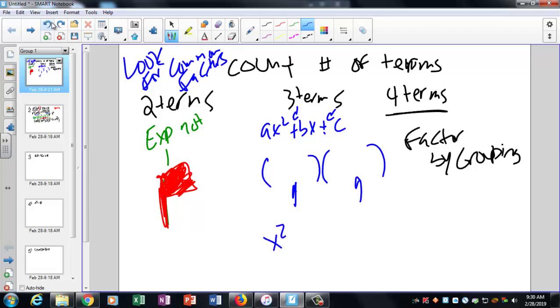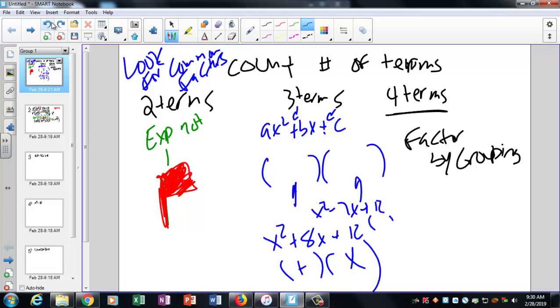So if it's like x squared plus 8x plus 12, these 2 signs would be plus. If it were x squared minus 7x plus 12, these two signs would then be negative. Does that make sense? That last sign, if it's positive, these two signs in the parentheses will have to be the same, and they will be whatever the sign in the middle is. That's very important to hear.